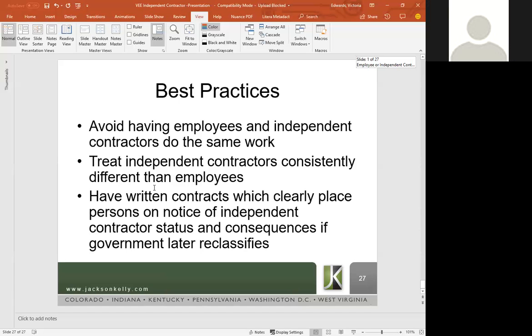Yeah, if you're typically offering insurance to an individual, that's employee status. I mean, in my review of these types of issues and what I've seen, that's an important factor. And also the way that you're structuring the payment as well. That could be an issue.